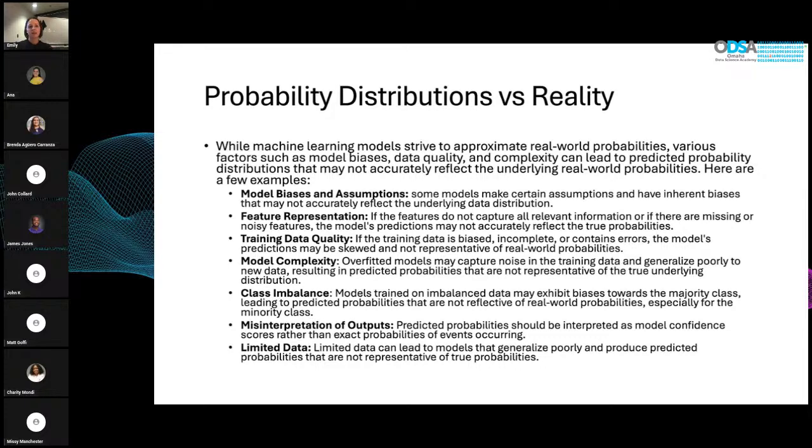Feature representation, training data quality, the complexity of your model, and class imbalance can make it really hard to have probability distributions that represent reality. So can misinterpretation of the outputs and limited data, if we have a really small sample size. There are a lot of situations that can cause that.